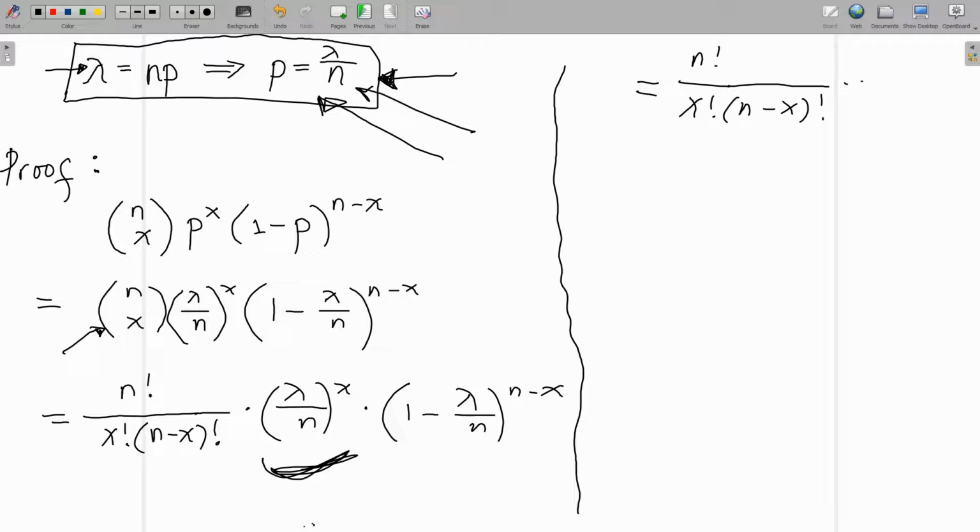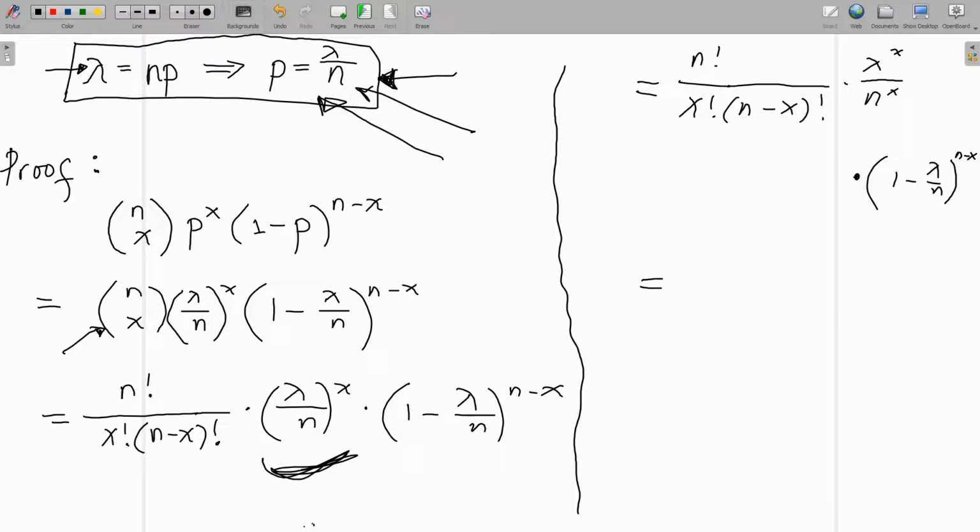So we have here lambda raised to x all over n raised to x, multiplied by 1 minus lambda over n raised to n minus x.